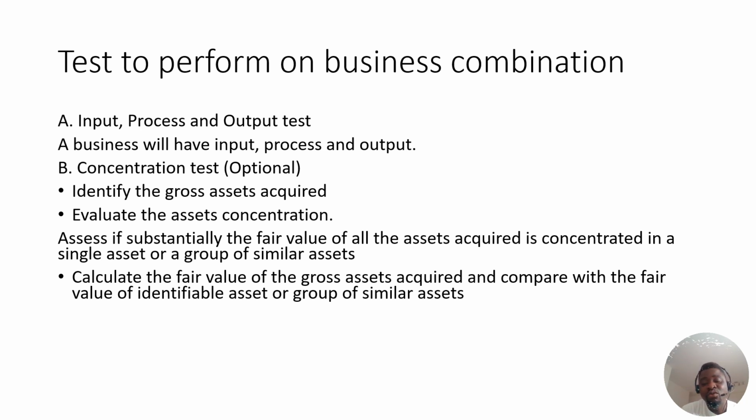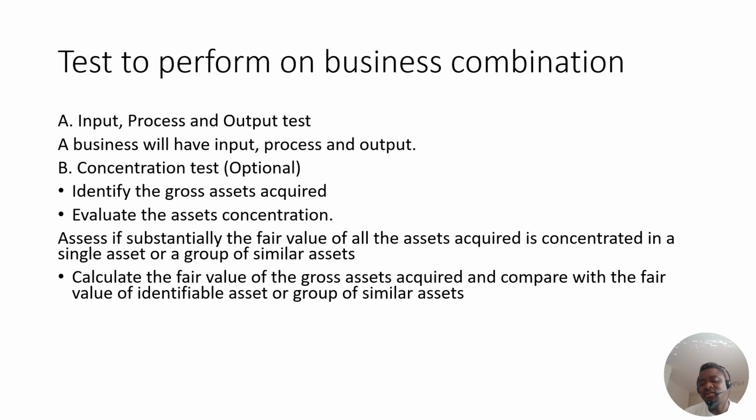The organization would have many more assets, like motor vehicles or land and building. But if it's a typical class of asset, a concentrated or similar asset acquired, we do not see that as a business combination, but just acquisition of an ordinary asset, which we expect to be treated under IAS 16, which is different from business combination.